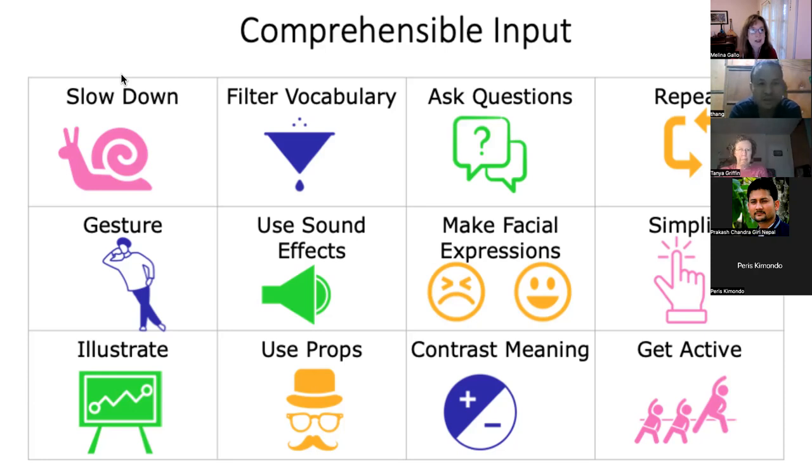But repetition really helps a lot. I know when someone's speaking Spanish to me quickly, I often have to say, please repeat. And then when they repeat it the second time, I got it. But that first time it can go by so quickly, and you're not quite sure. Repeating gives them another chance to understand.